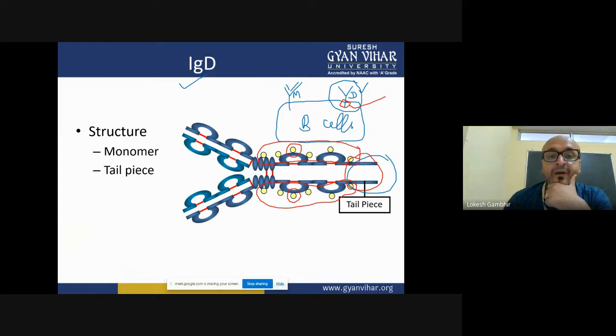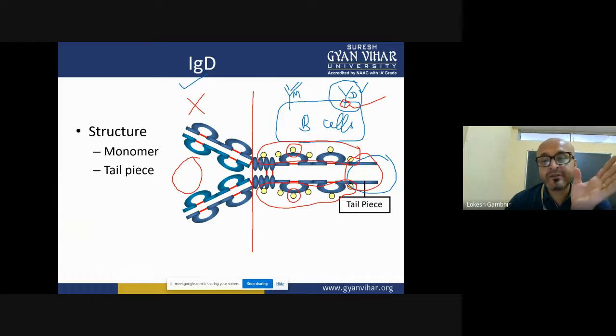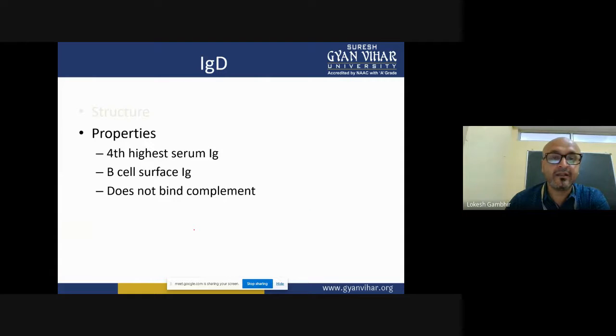But what is the critical part? If you see this structure and I divide it in this part, the site which is responsible for binding to an antigen is never glycosylated, but the site which is responsible for activating the immune cells is highly glycosylated in this particular IgD, and that is the classical marker for identifying IgD, whether it's IgG or IgD.